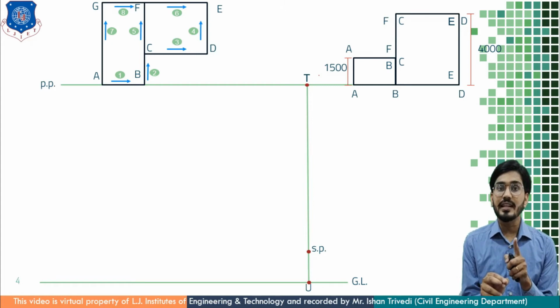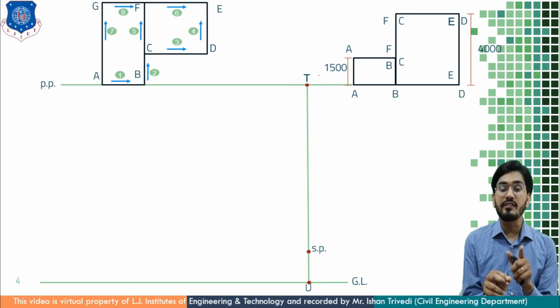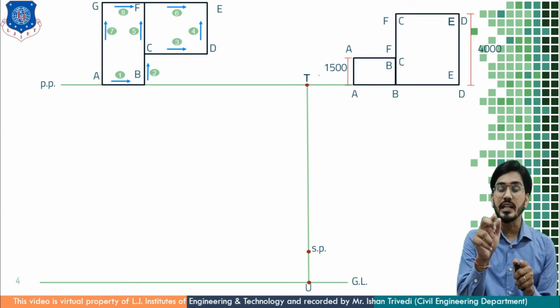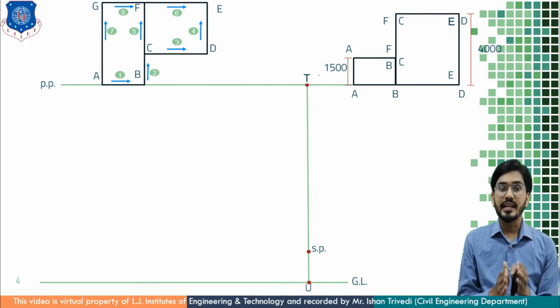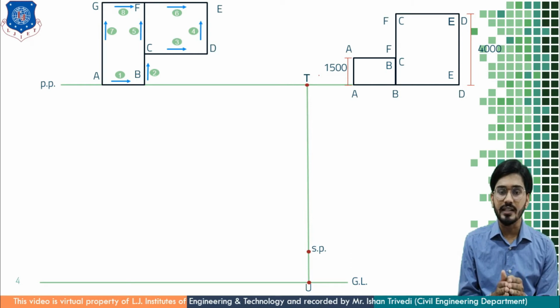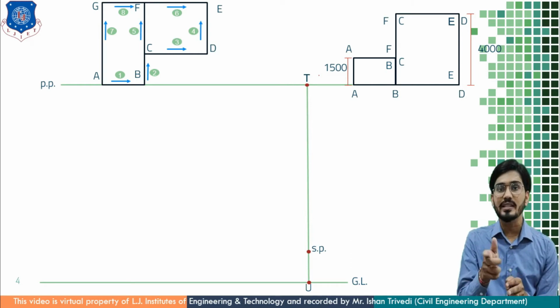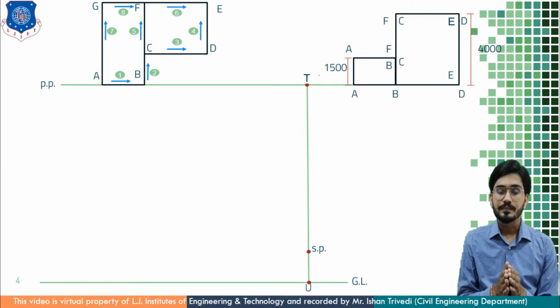This face angle here is 90 degrees to the picture plane, so I am drawing this SP to T line at 90 degrees. If the DE line angle is 30 degrees, I will draw a parallel line to the DE line, a 30 degree line from SP to T, touching the picture plane line. Here the DE line is perpendicular to the picture plane, meaning it makes an angle of 90 degrees, so the SP to T line also makes an angle of 90 degrees.